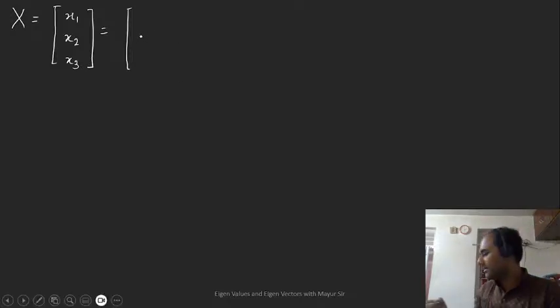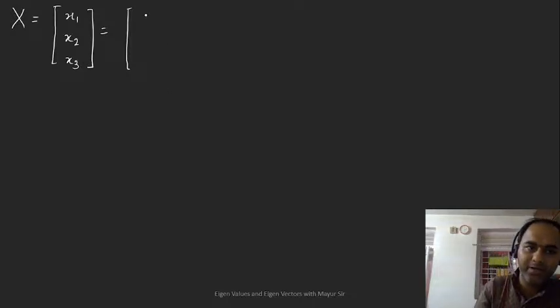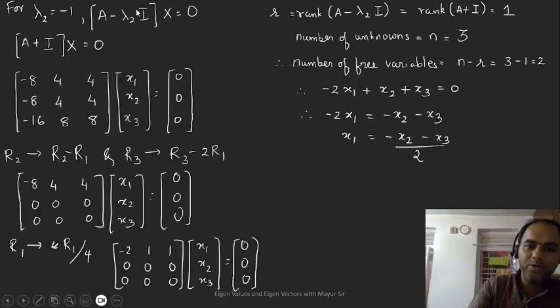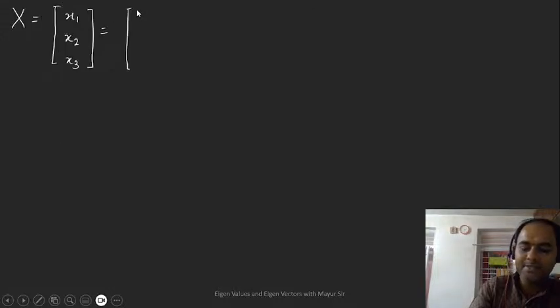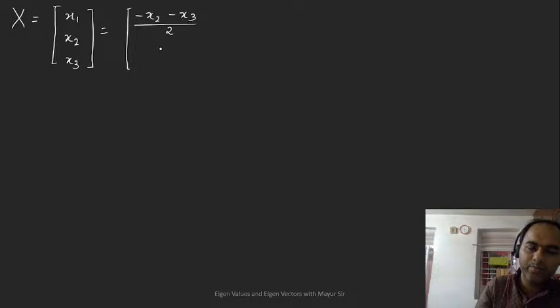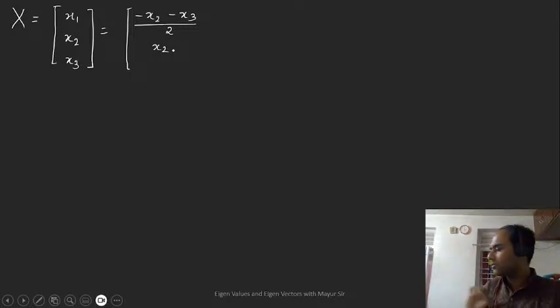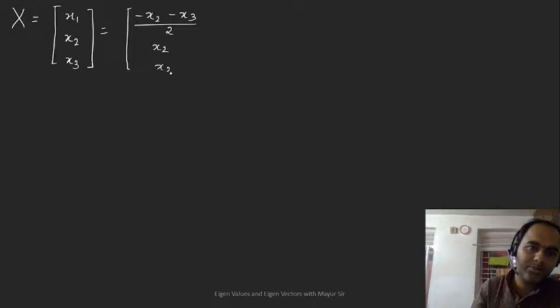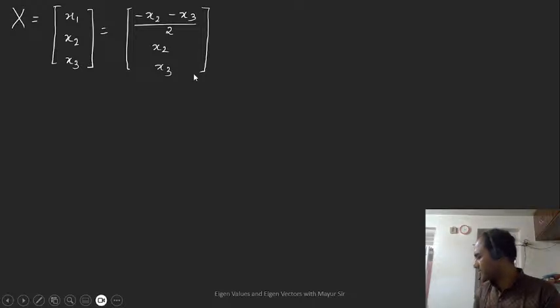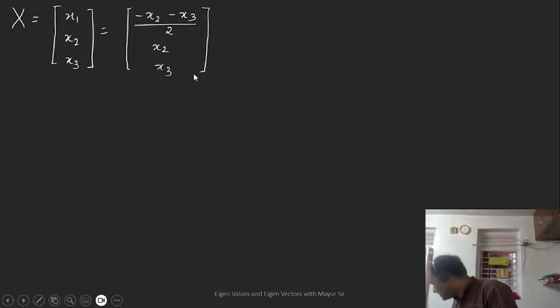You have said x2 and x3 are free. What is x1 we wrote? We have written x1 as minus x2 minus x3 divided by 2. x2 is written free, you have told we don't want to put any restriction on it. So x2 is free. x3 is also free. We have the freedom of our choice.